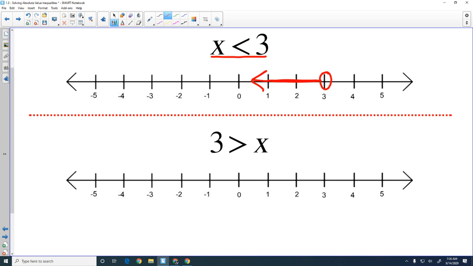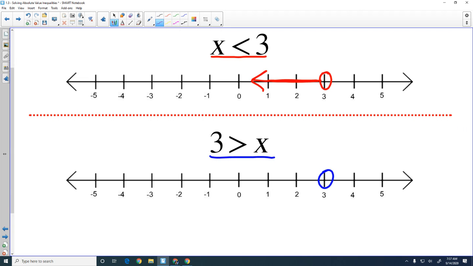On the bottom here, I'm saying 3 is greater than x. 3 is bigger than all the x values. And so I'm going to circle that 3 again, but which way do I shade? Don't be thrown off by the fact that this inequality symbol looks like an arrow pointing to the right. That does not mean you point to the right and shade to the right. It's actually going to be the opposite.